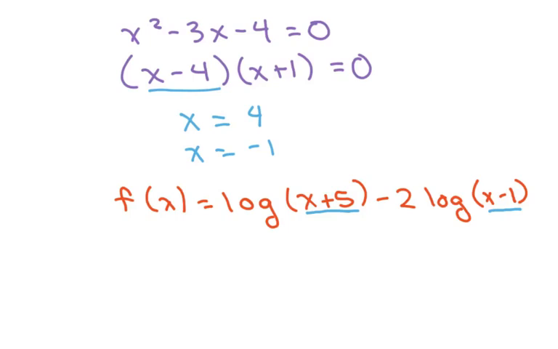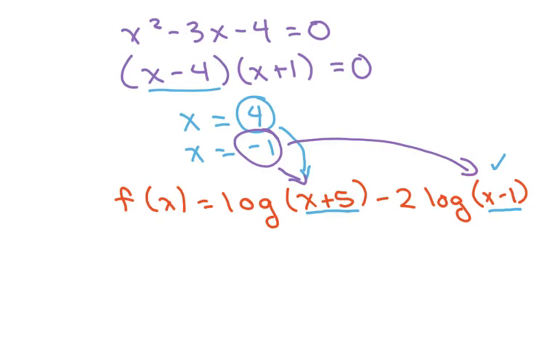So when I plug in my 4, it works there, because that would be log of 9, and that's greater than 0. It also works in this one, because that would be minus 2 log of 3. However, when I plug in negative 1, it works in this quantity here, but it doesn't work in this one. So we have to disregard this one.